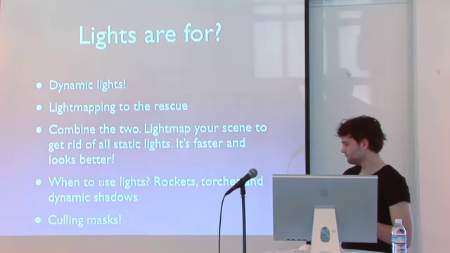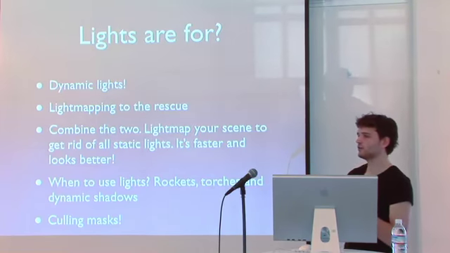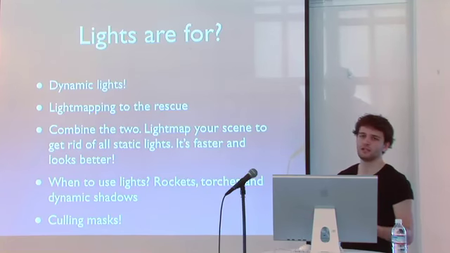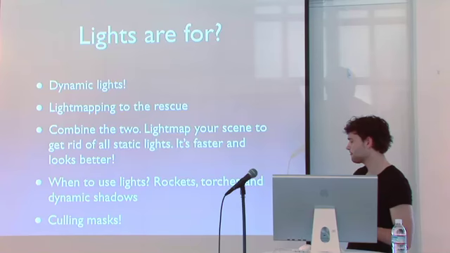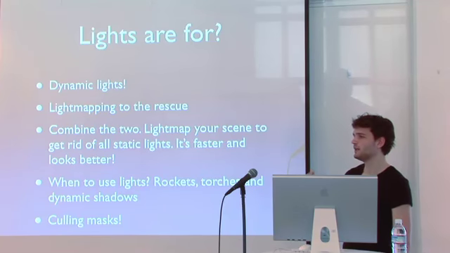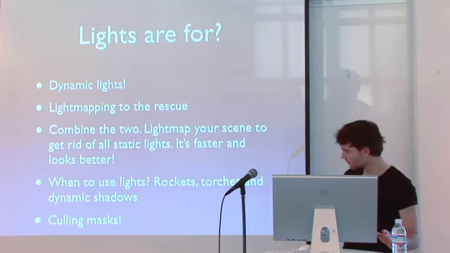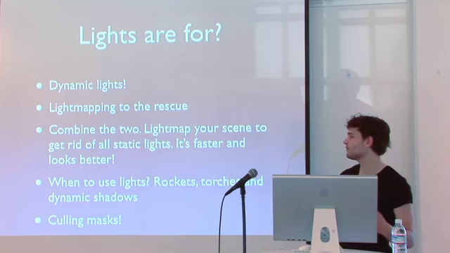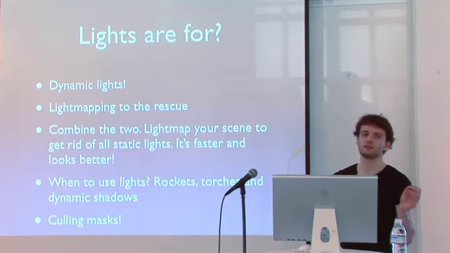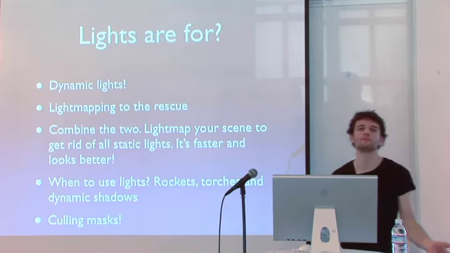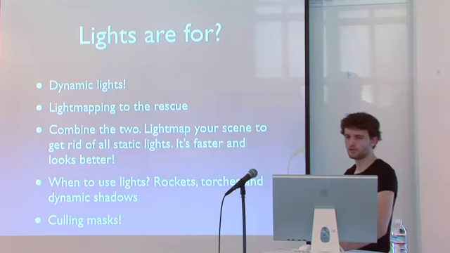That means you have all your characters in one layer, let's say the enemy layer. Then you set up your light culling mask to only affect that layer. And then it will not light up any of the static geometries, so you still get the fast performance, and the moving objects just get affected by whatever lights are close by to them. And that's really the best of both worlds.